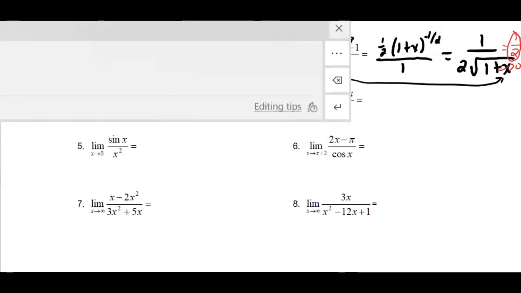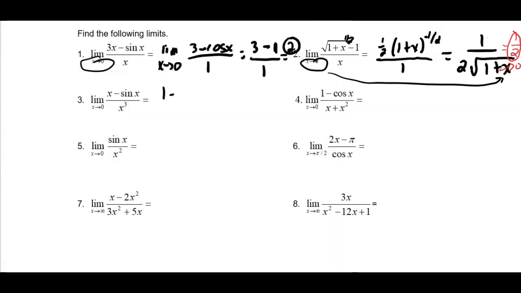Easy. 1 minus cosine of x, and then over 3x squared. We would go ahead and plug that in. In this instance, we would get 1 minus cosine of 0 is a 1.